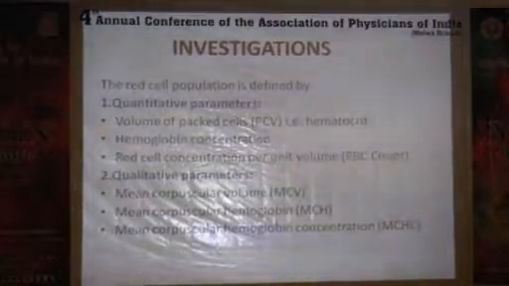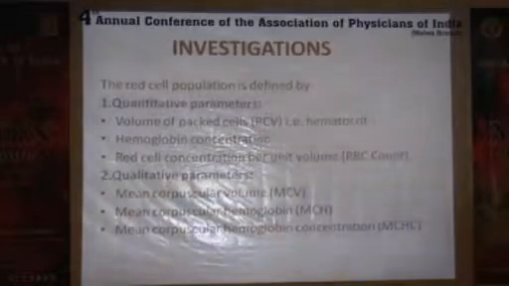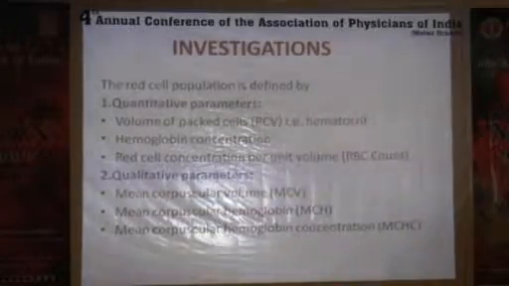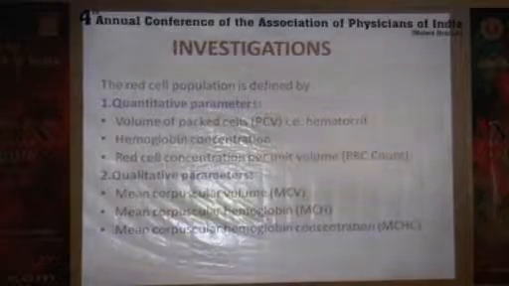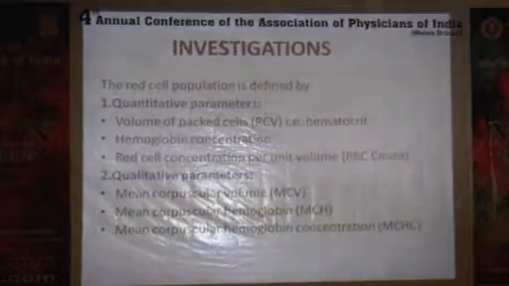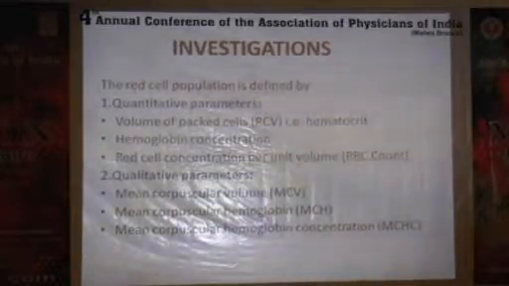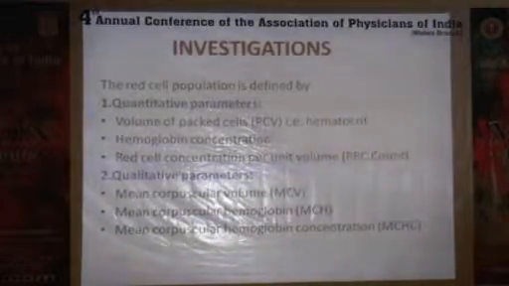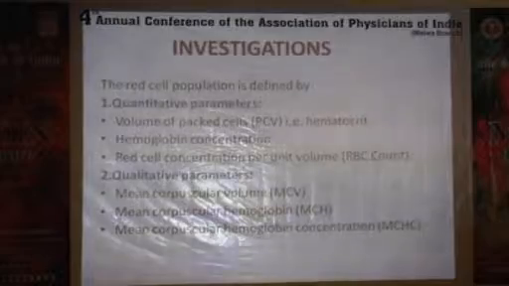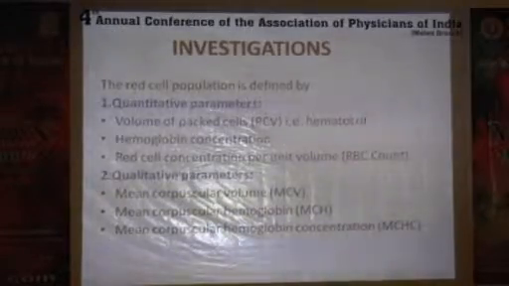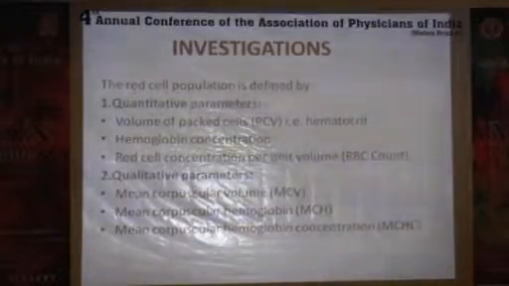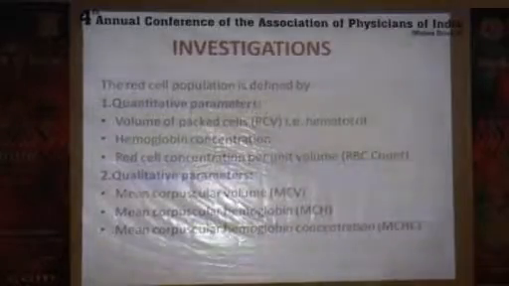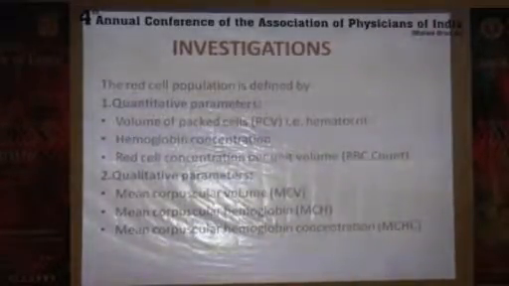I'll try not to bore you, and to make it very simplified, we'll just pick up one parameter from each of these two groups. So in the quantitative parameters, we have hemoglobin, packed cell volume or hematocrit, and the red cell count. In the qualitative parameters, we all know we have the MCV, MCH, and MCHC.